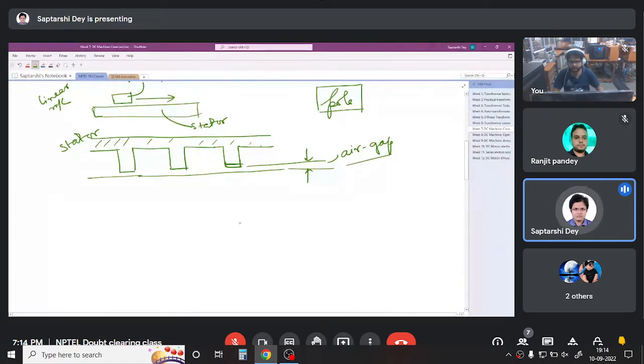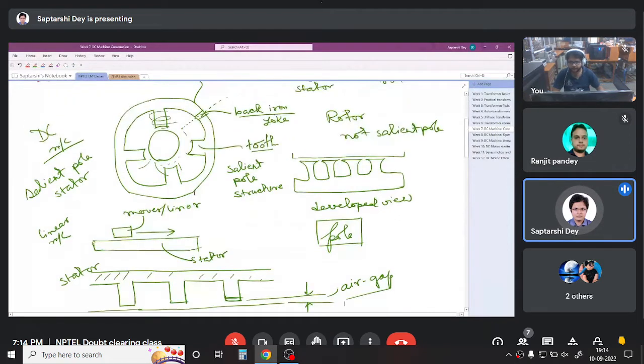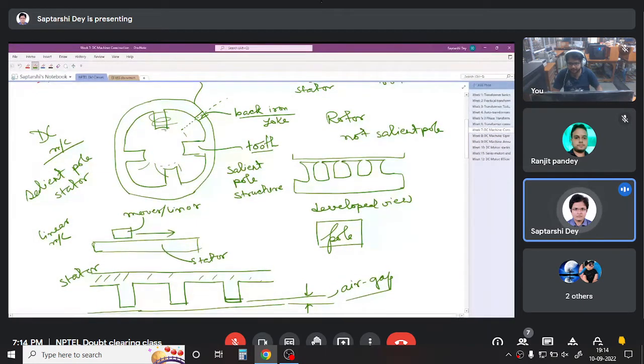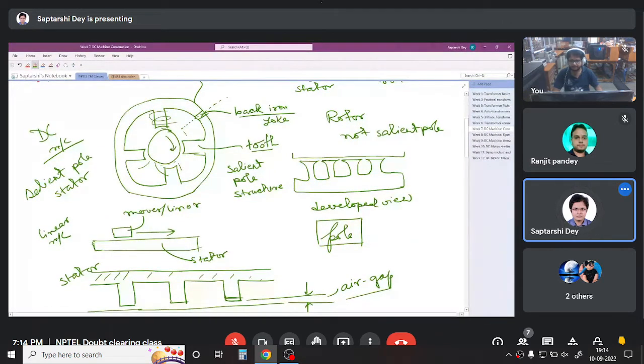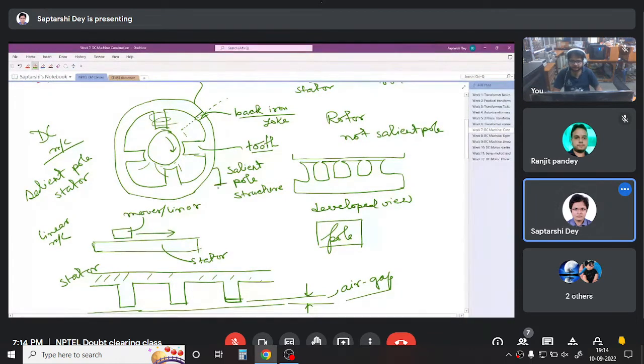So if we look into this motor, let me erase this and draw it. See how well I can draw it. Say I have this stator and this is the rotor. You see this rotor rotates here, and this is the stator which is not rotating, it is fixed.